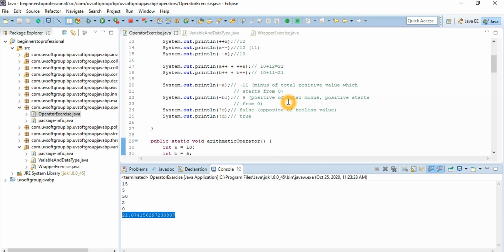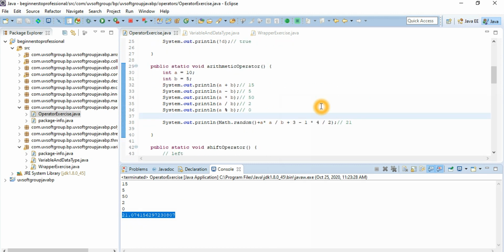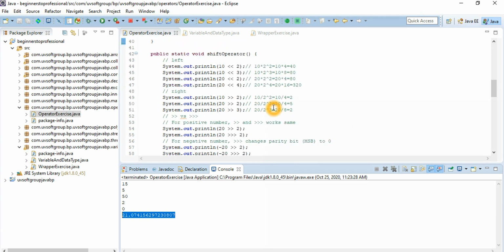So this is a very simple understanding of the mathematical operators: plus, minus, multiplication, division, and modulus. And you can even write complex expressions of the mathematical calculations.